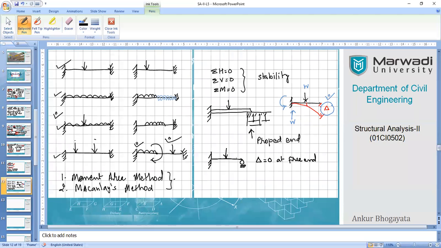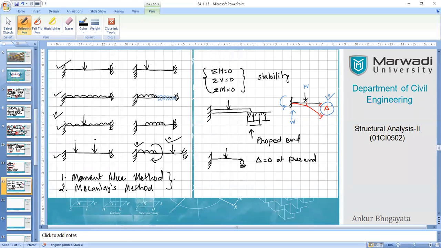So if this structure wants to be in equilibrium and wants to show stability, along with these three conditions, it has to satisfy one more condition, and that is delta, that is deflection, should be 0 at this end. And that is just because of this vertical reaction.